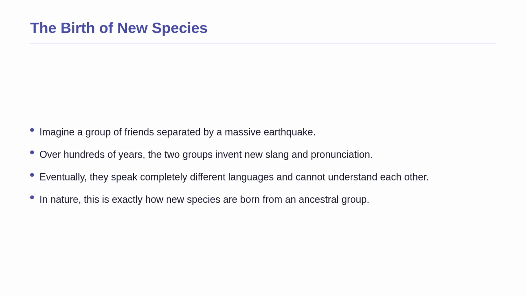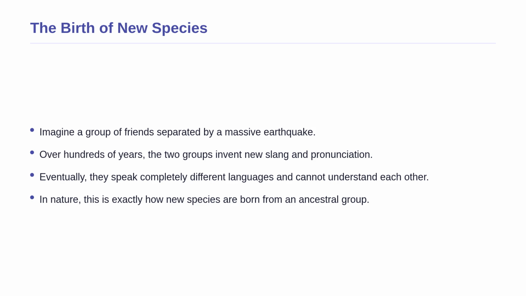To understand how new species form, let us start with a simple analogy. Imagine a large group of friends who all speak the exact same language and interact every single day. Now, suppose a massive earthquake suddenly splits their city in half, creating an impassable divide. They can no longer visit each other.